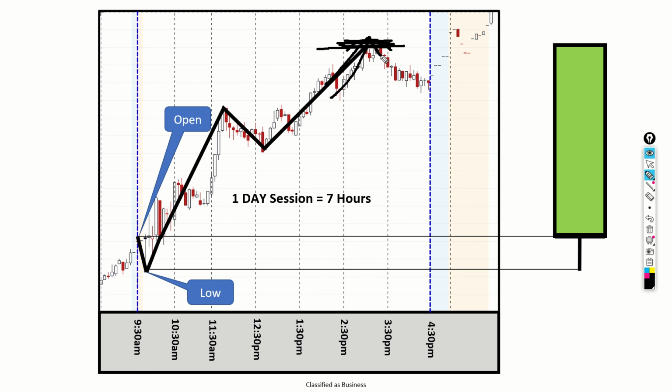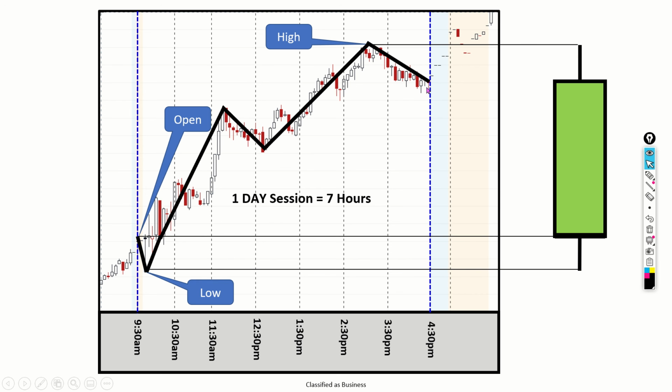Then the price starts to go downwards right here, so there's a slight bearishness up here. That's what we call the high of the candle at the top. Then as the price moves down and the session closes at the blue dotted line, a full candle is formed in the entire day. So we just call this a regular bullish candle.